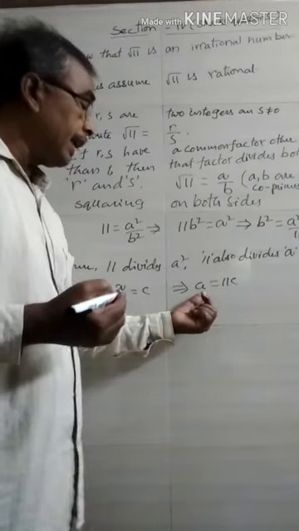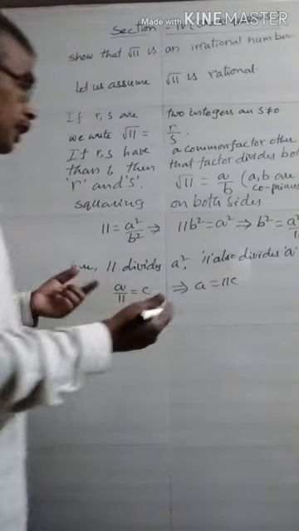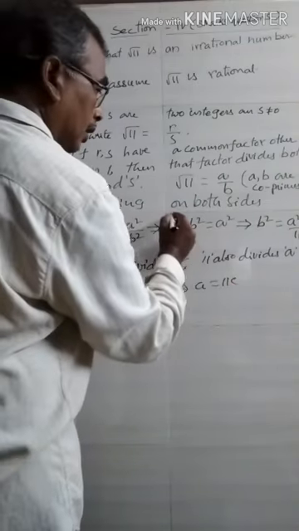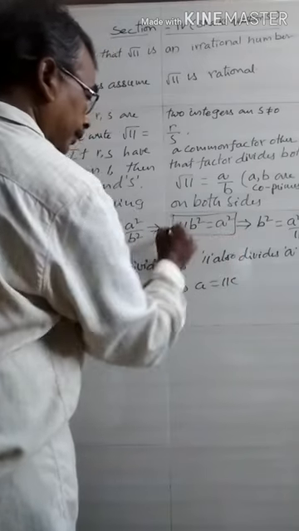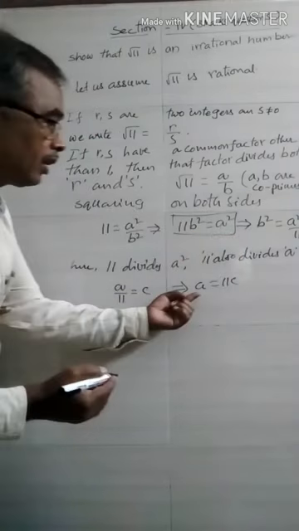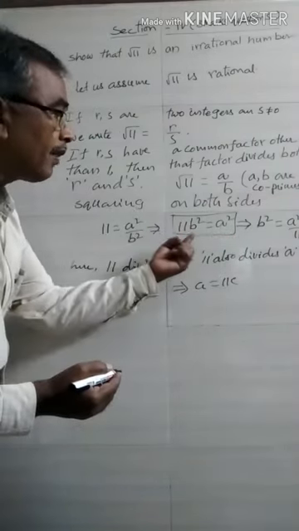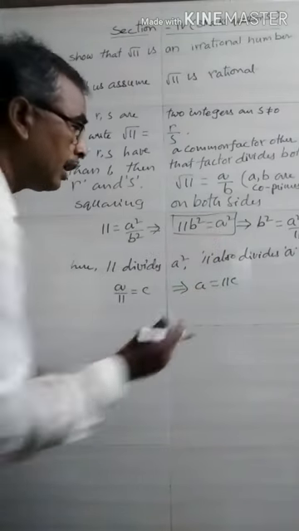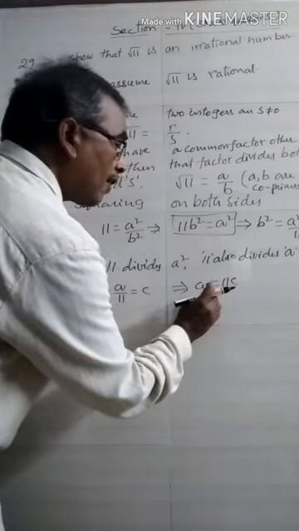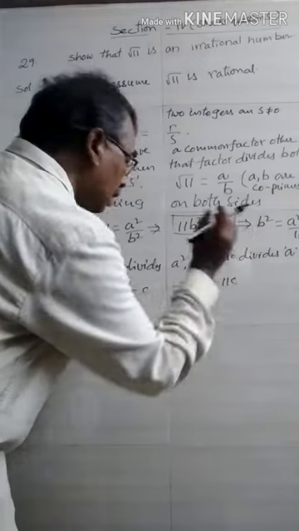The A value is 11C. We substitute the A value in 11 B square is equal to A square, that is, on behalf of A, we substitute 11C.